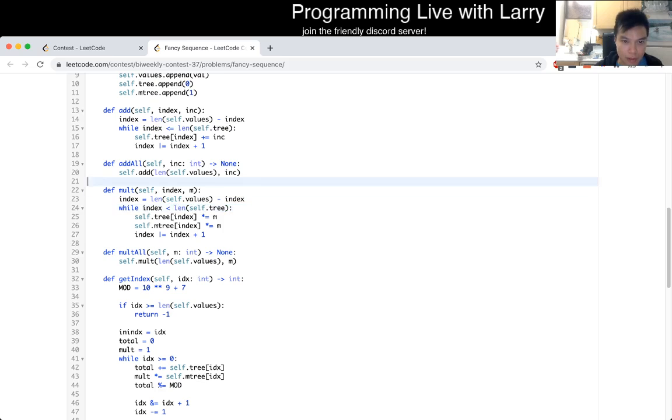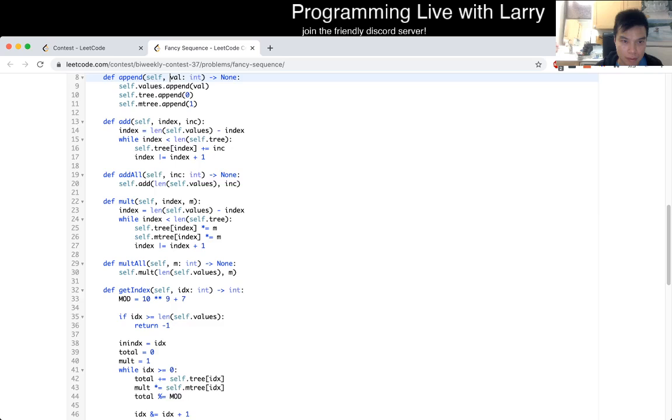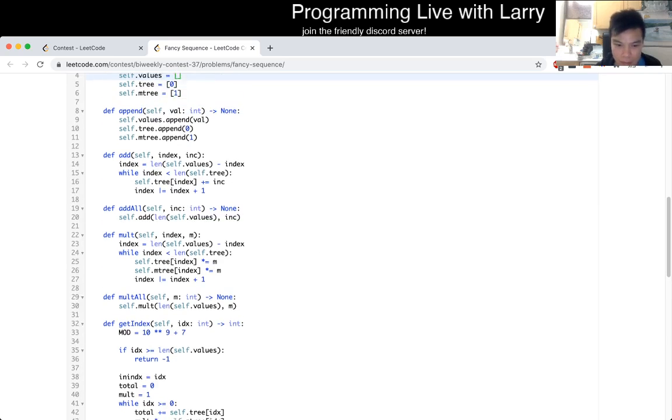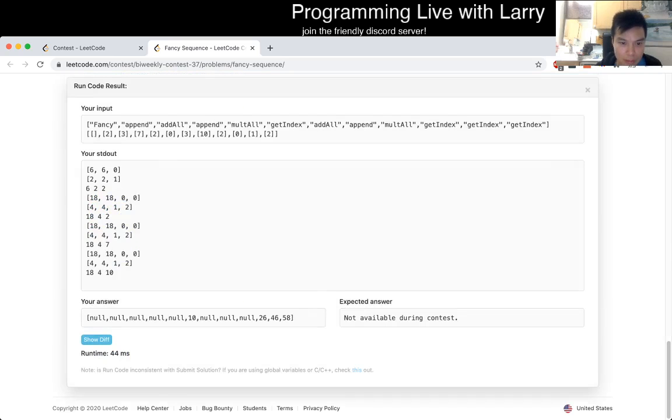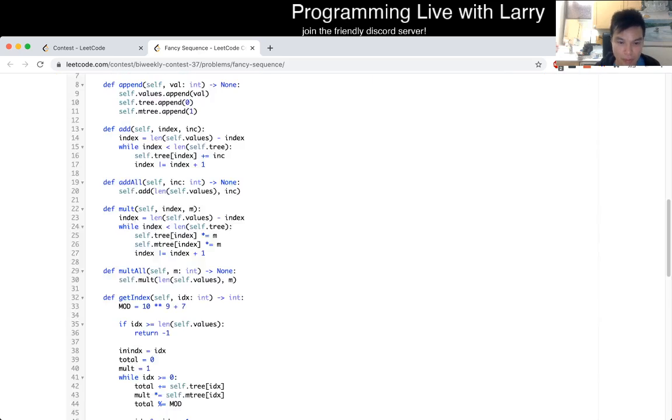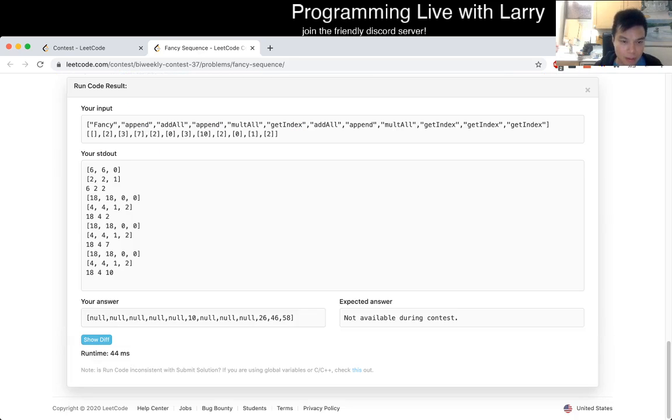I guess this is always true, but two is here.